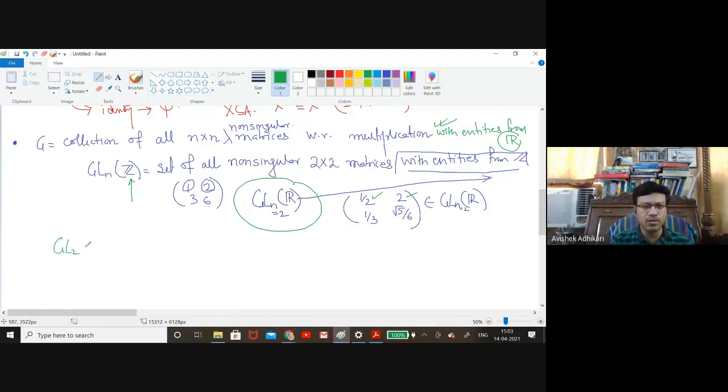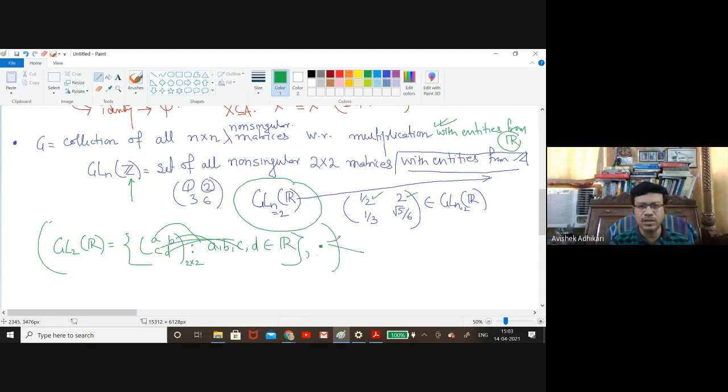So GL2(R) looks like this kind of matrices, such that a, b, c, d belong to R. So this is the set. This is a 2 cross 2 matrix, and these entries are coming from R. Now this is a set and I define dot as the multiplication of matrices. So this is nothing but multiplication of matrices.